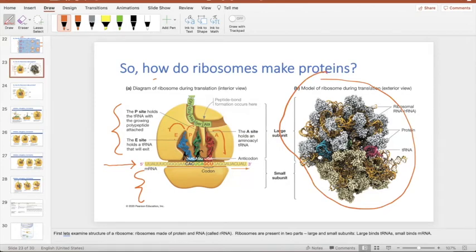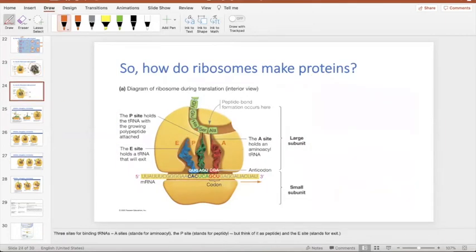Now, let's go ahead and look a little more closely at this interaction between the mRNA, the ribosome, and these tRNA molecules. So I want you to notice, here's our mRNA right here. And I mentioned we have 1, 2, 3 docking sites where we can have tRNA molecules occupy.